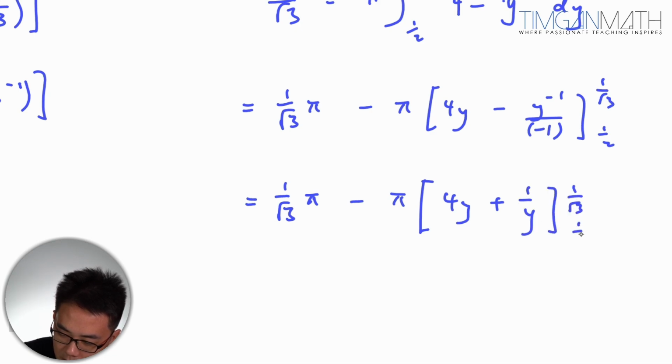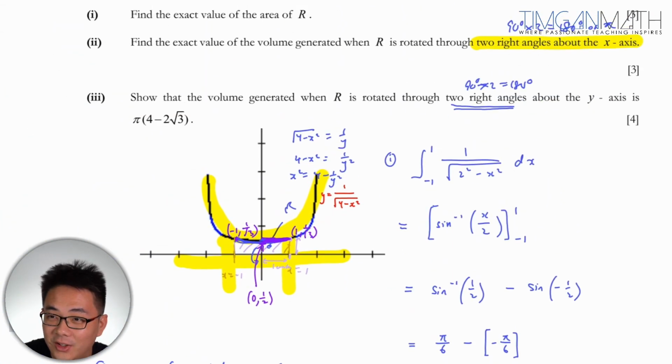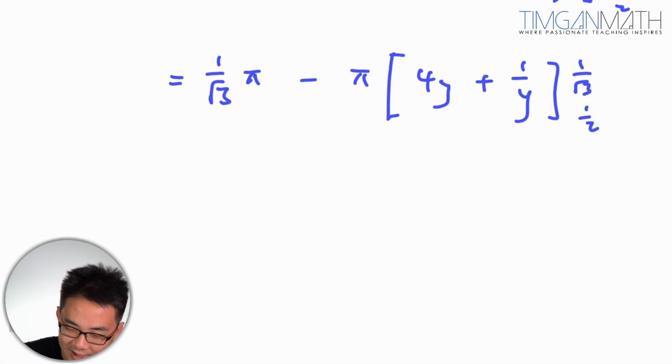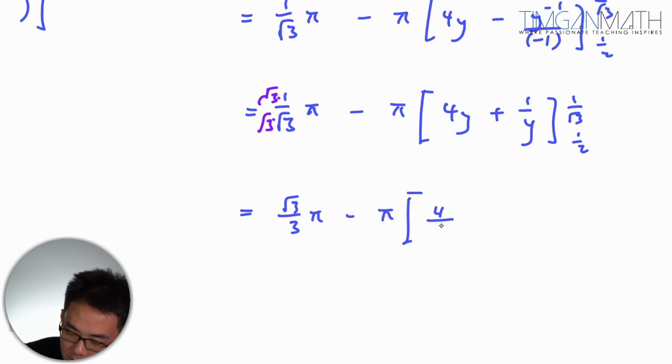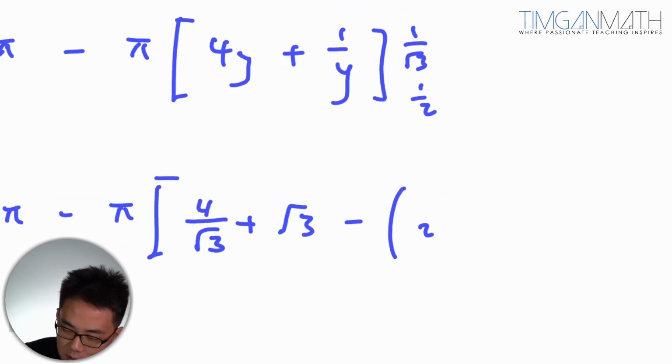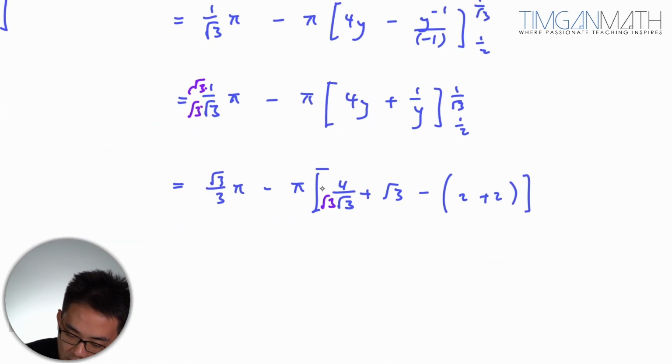There you go. Oh my goodness, a lot of things going on here. So let's see how we can, we need it in root 3, right? So this is surds. I could just multiply the bottom with root 3, top with root 3. I think it's not really an issue here. So this will be root 3 over 3 pi minus pi times 4 over root 3 plus root 3 minus 4 times half, which is 2, plus 2. Same with this, multiply root 3, multiply root 3.